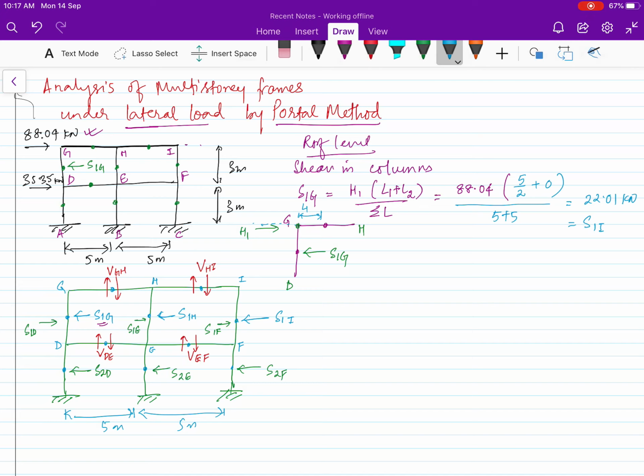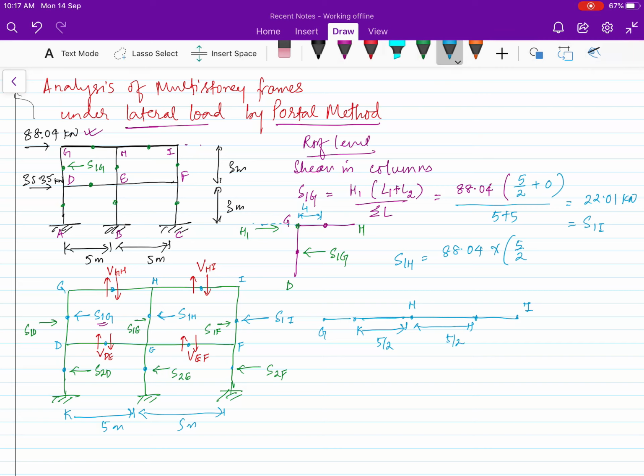Now let me calculate S1H also. S1H will be the same, 88.04 is the horizontal force at that level. Here the length will be 5/2. If you are coming at the H point, this is G, the contraflexure point, so here 5/2 at the mid height, and this is I, so this is also 5/2 at the mid contraflexure points.